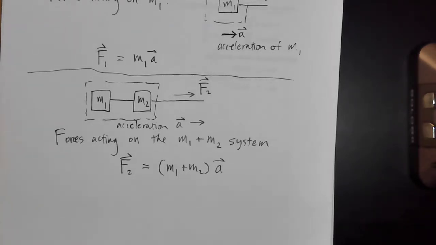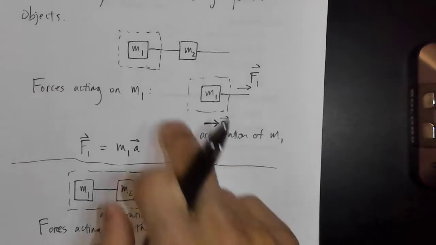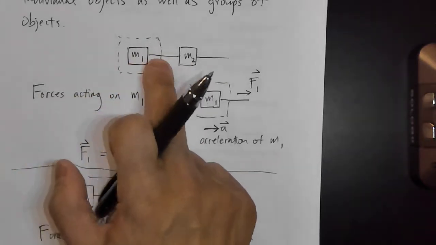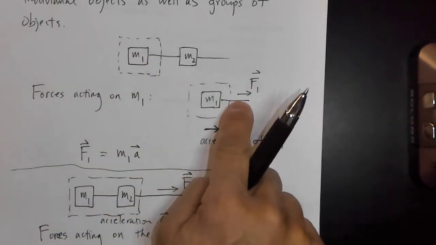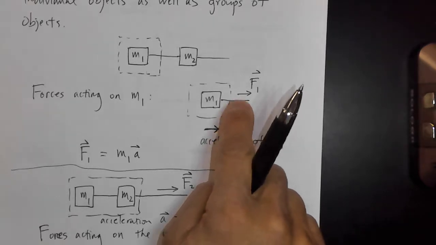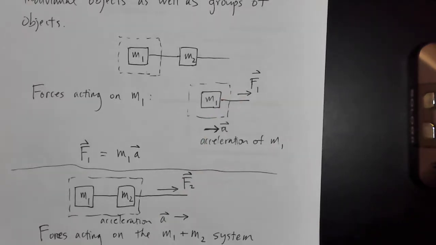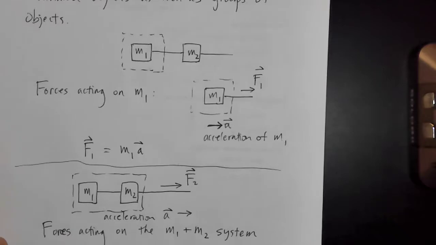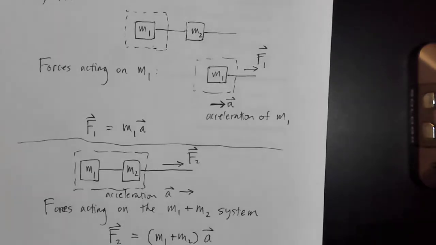Any questions? Everybody's with me so far? Not so bad. So in the first case, we considered M1, and we said what forces are acting on M1? That would be just the force of the string. We're going to talk about tension in a moment; I'll go through strings and tensions later in the lecture.